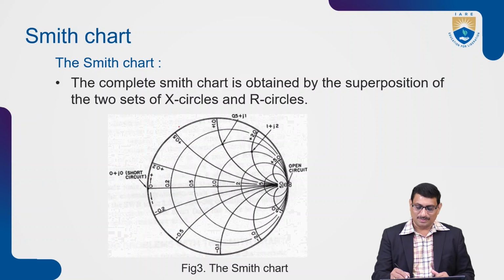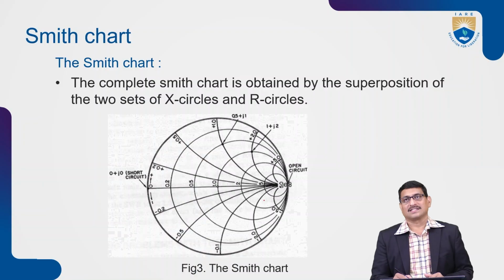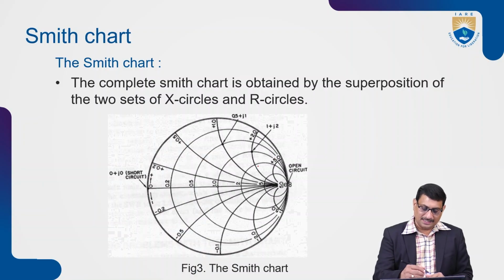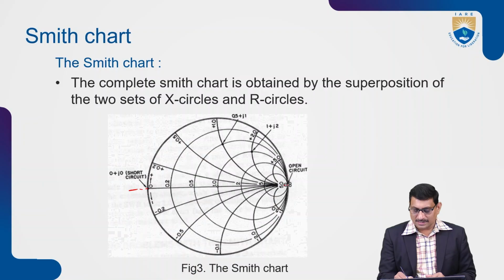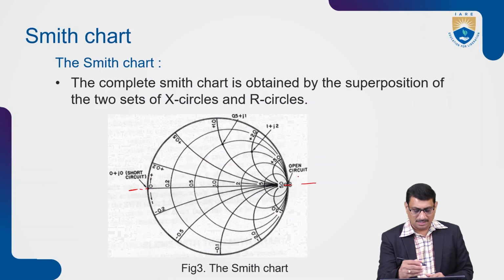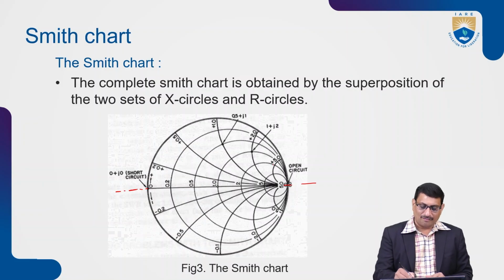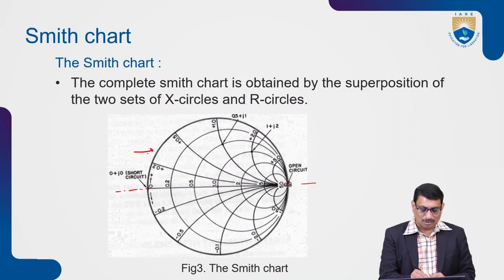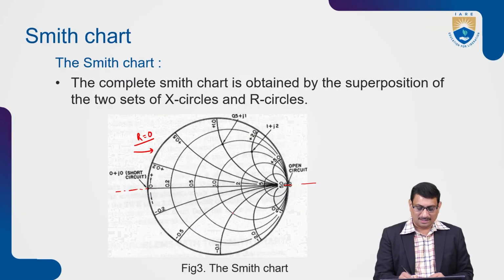Where X is above the horizontal axis, it has a positive reactance, and below that it has a negative reactance, where R has only positive values. With different positive values, the outermost circle is the R is equal to 0 circle, and the remaining ones vary, with the radius becoming very, very small, and again it becomes R is equal to infinity, which is nothing but a point itself.